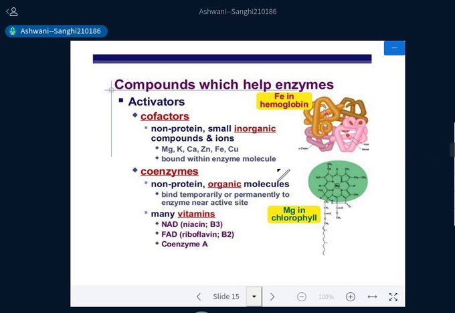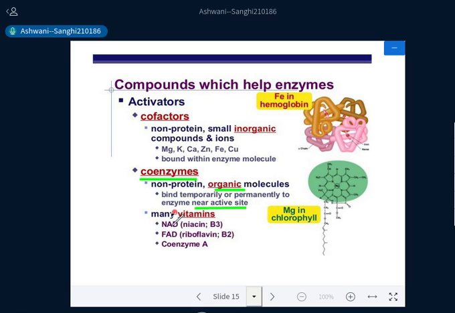Second, that is the coenzymes. Co means attach. These are non-protein parts, organic molecules. These bind temporarily or permanently to the enzyme near the active site.